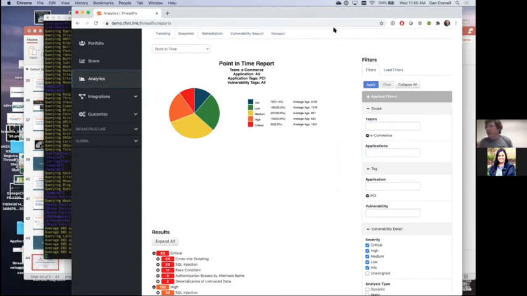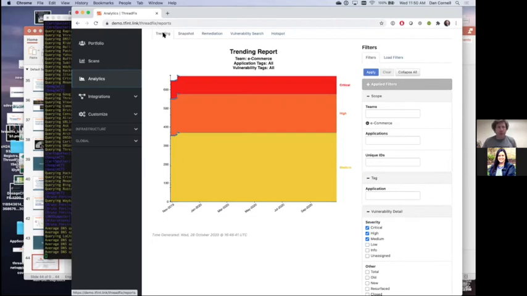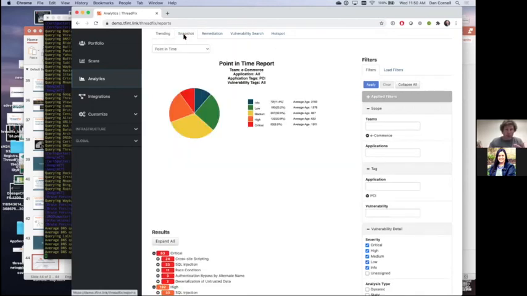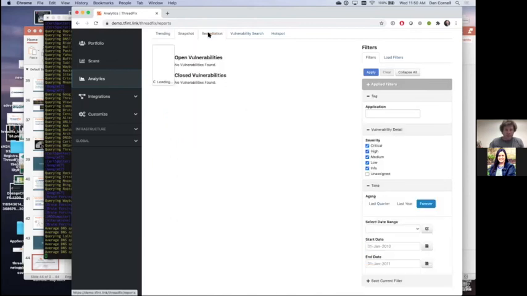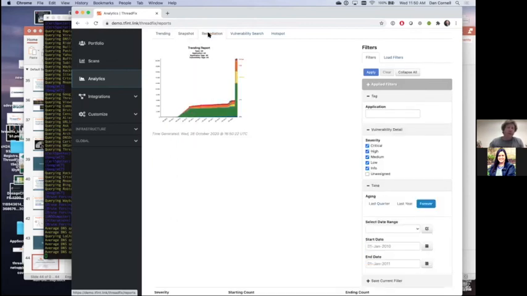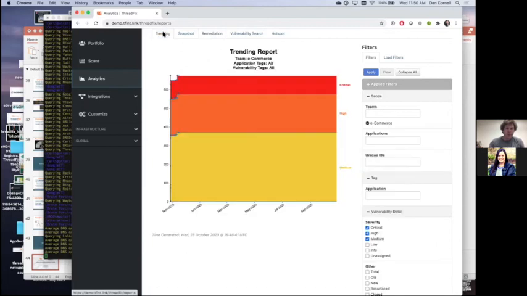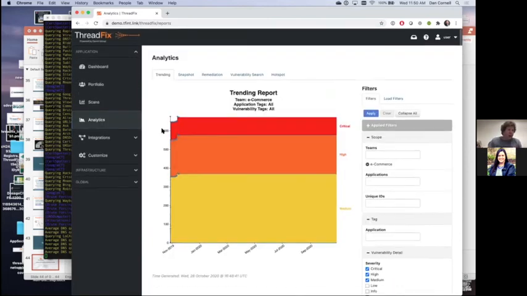Any other questions? Can you report on applications that have no scan results? You should be able to see that those applications exist, but the vast majority of the reporting in ThreadFix is going to look at the applications and the vulnerabilities associated with them, and that's an area where we don't have a lot of reporting specifically built around the portfolio.